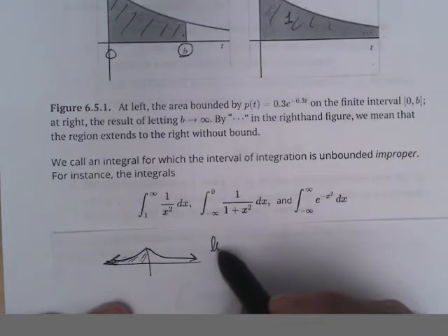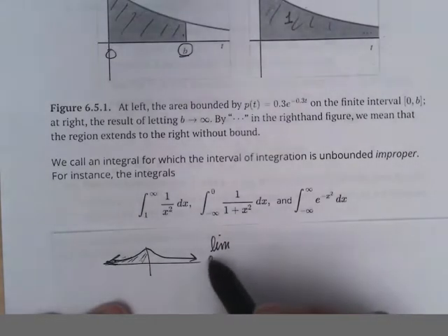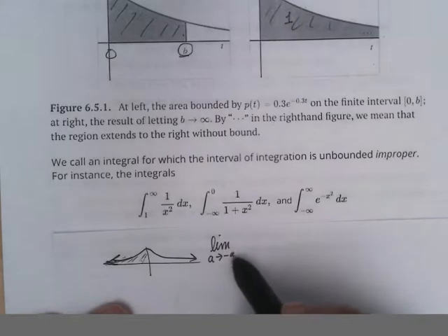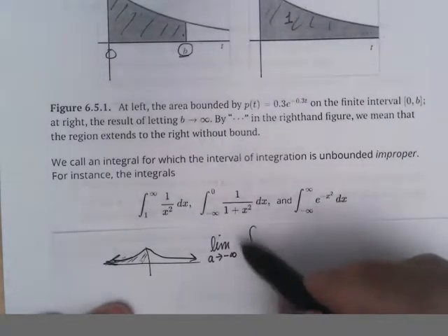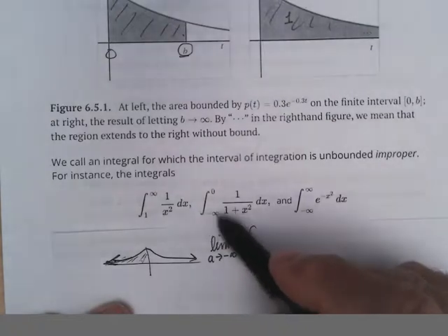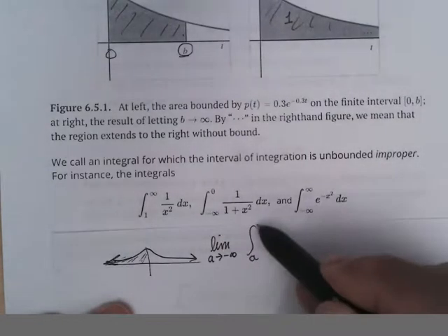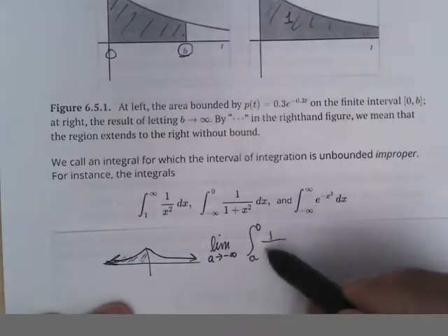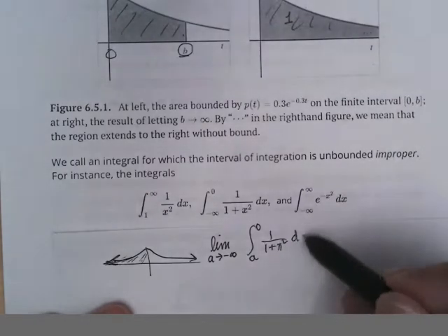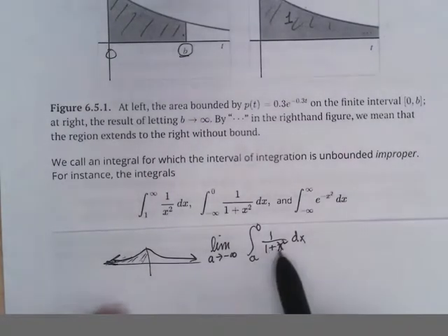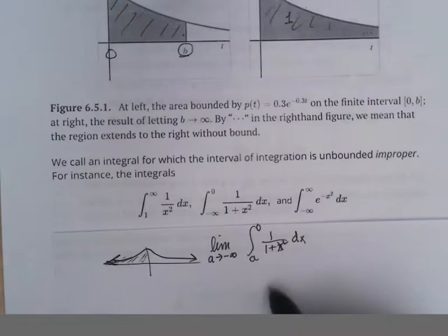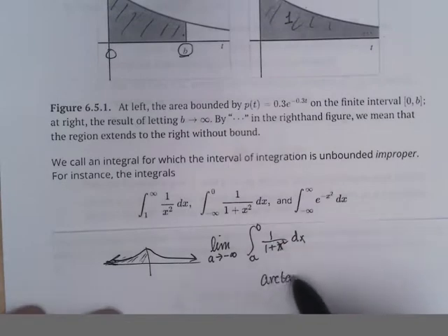So we're going to find the limit of, as a goes towards negative infinity, of the integral, and we're going to put an a there, and 0 here, of 1 over 1 plus x squared dx, and 1 over 1 plus x squared is the derivative of arctangent, so the antiderivative is arctangent of x.